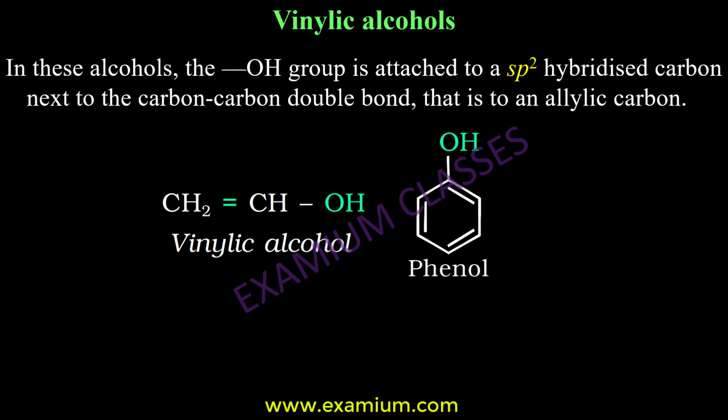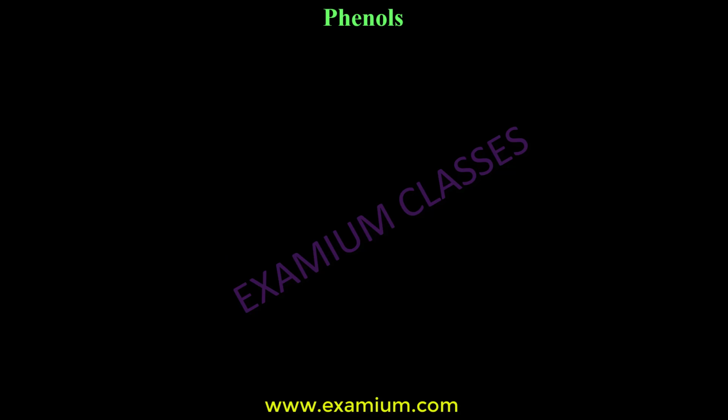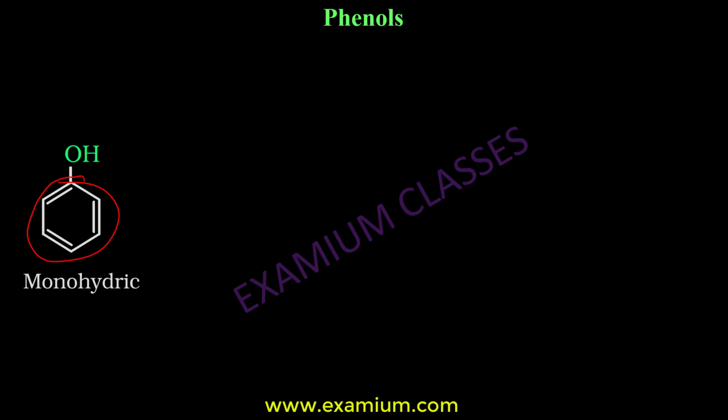Similarly, in case of phenol also, this carbon here has just OH group, one carbon attached here, another carbon attached here, only 3 sigma bonds, sigma sigma sigma, this one is pi. 3 sigma bonds means it is sp2 hybridized carbon atom. So when we talk about phenols, phenols can be termed as monohydric if benzene ring has just one OH group attached to it.